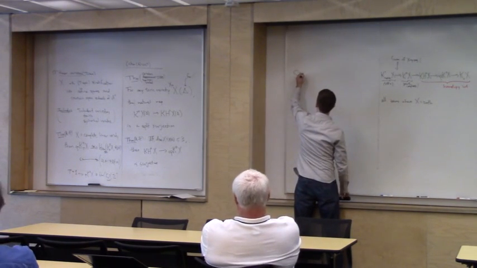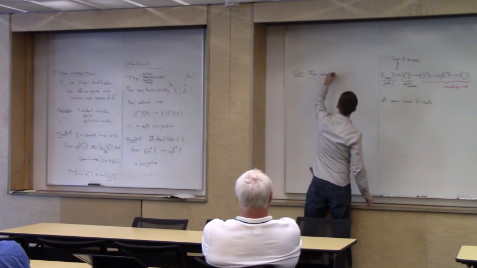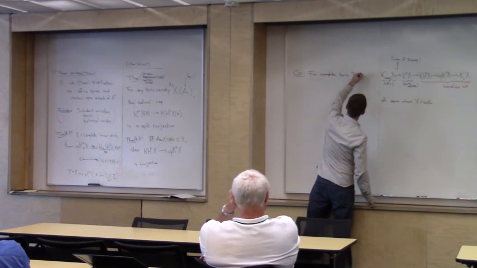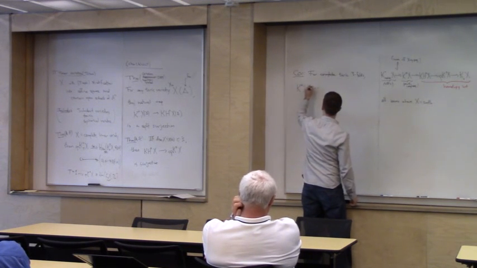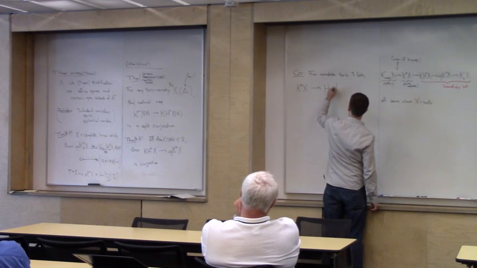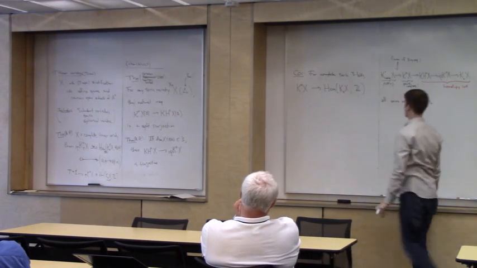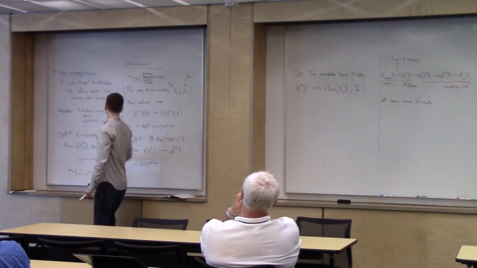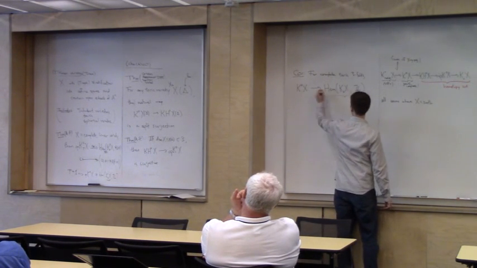So the corollary: for complete toric threefolds, K-theory surjects onto the linear dual of K-theory of coherent sheaves, since this is surjective.